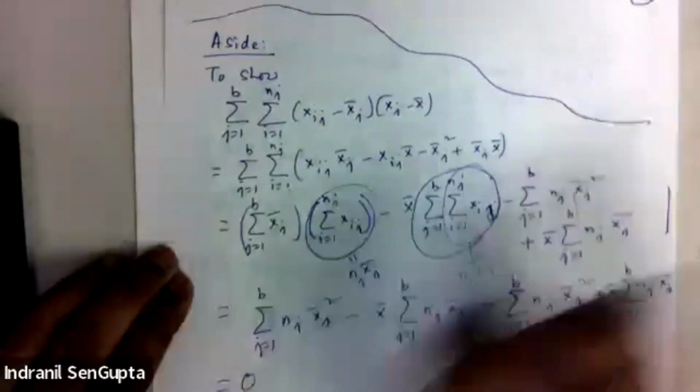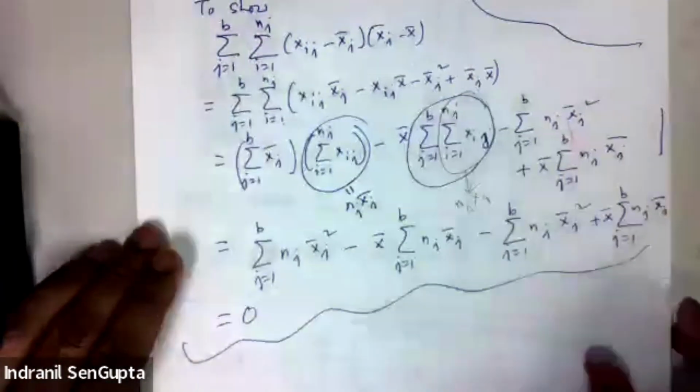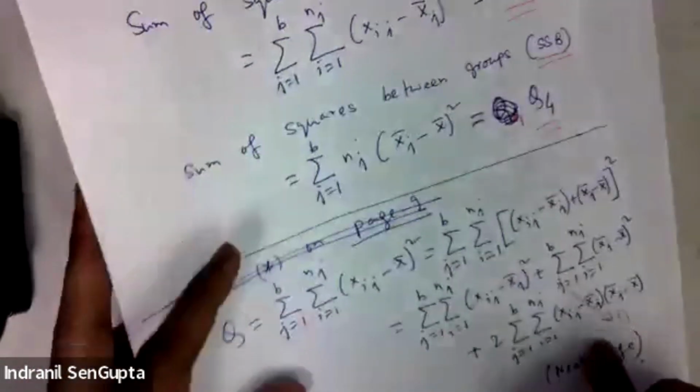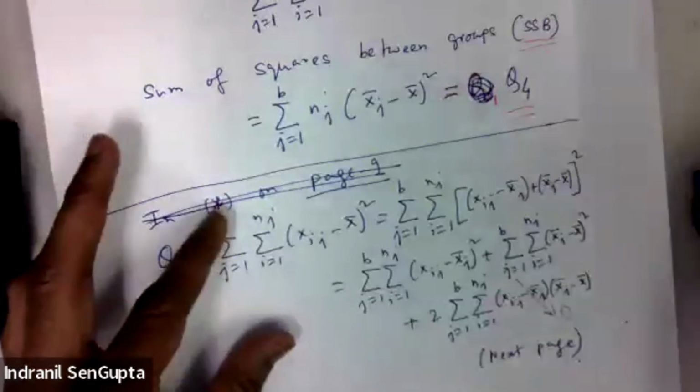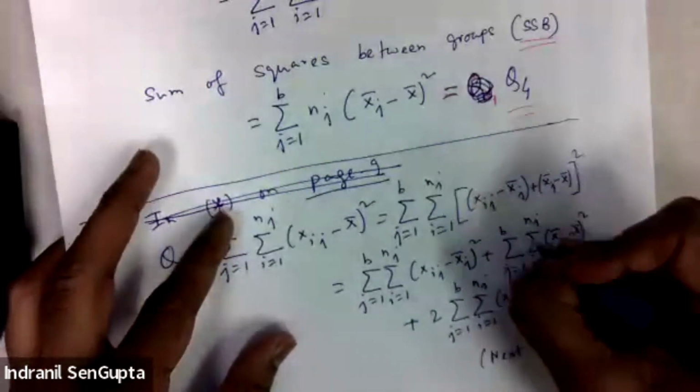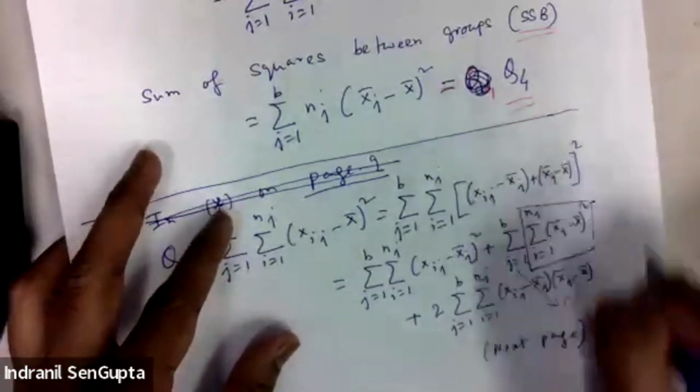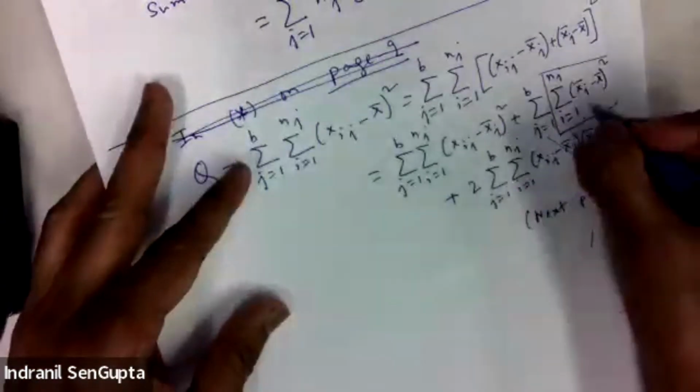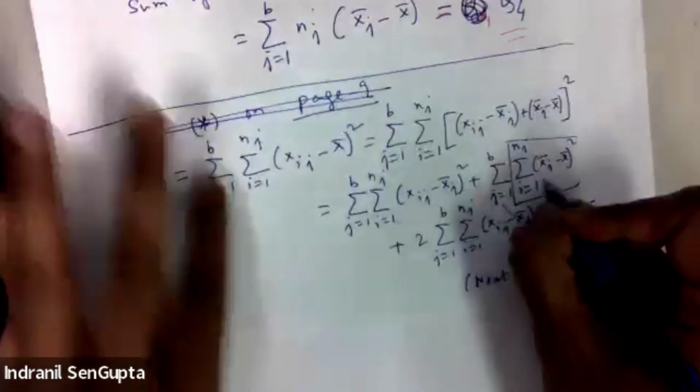So this shows that the cross term that we are mentioning here is zero. Also look at this term. This is a summation over i, so it's independent of i.